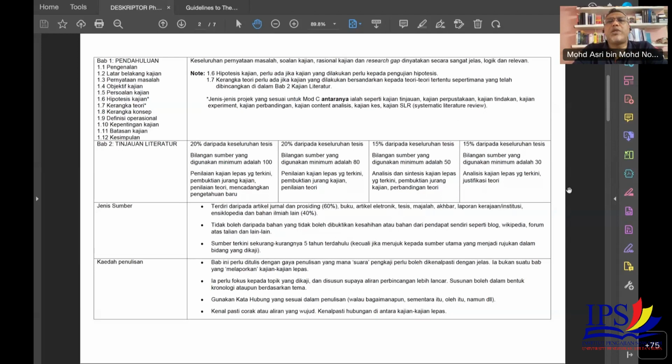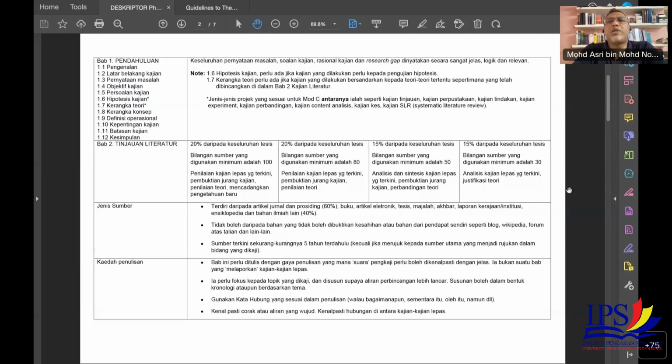So these are what we are referring to when we talk about materials that should be at most 5 years old. This is the kind of reference we are talking about: references that refer to the application of the models and theories in research. And actually it's quite easy to get.